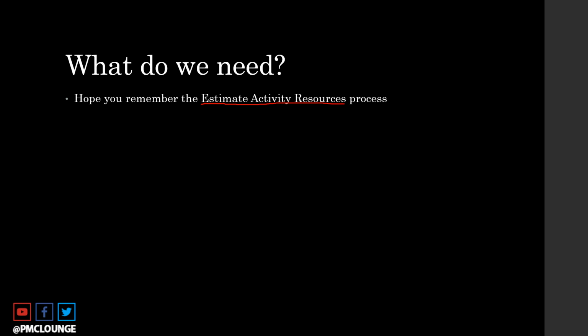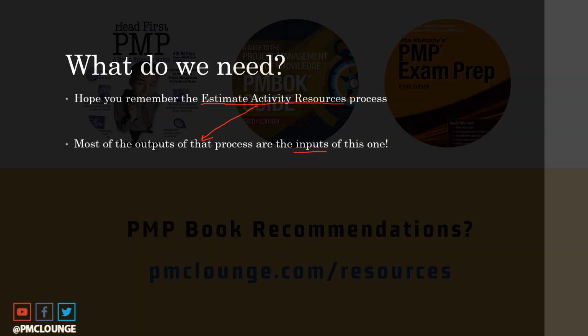But why do we need to learn about that process before talking about this one? It's simple because most of the outputs of the estimate activity resources process are inputs to the estimate activity durations process. So that's the reason why you should know about it in the first place.